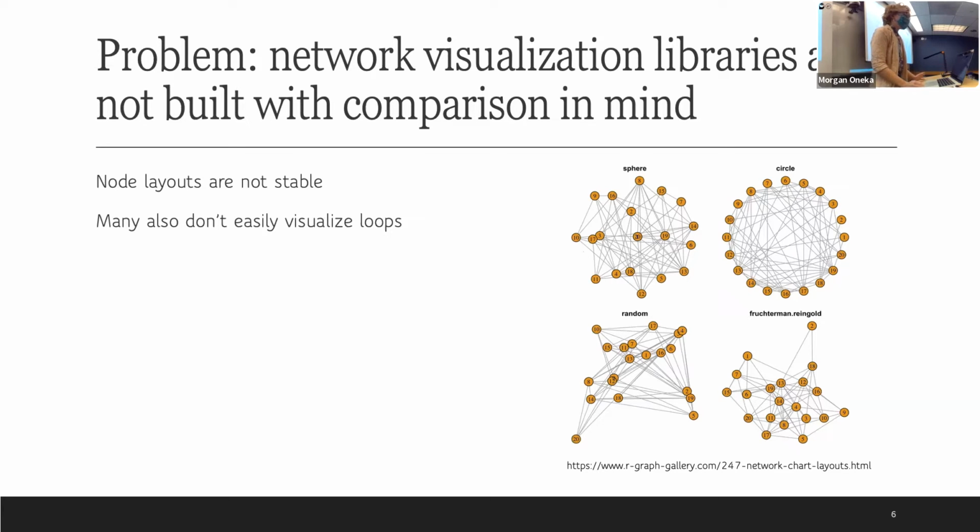And then finally, another issue that I ran into, which was the straw that broke the camel's back for me, was visualization of loops. I find ggnet to be a really good common ground between easy to use but still looking really nice. But it doesn't allow, at this time, visualization of loops. In certain contexts like a gene co-expression network, you don't necessarily expect a node to have a relationship with itself.